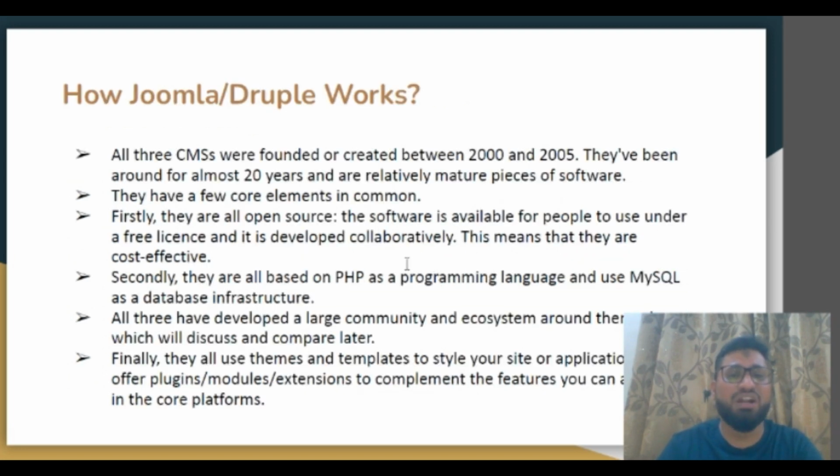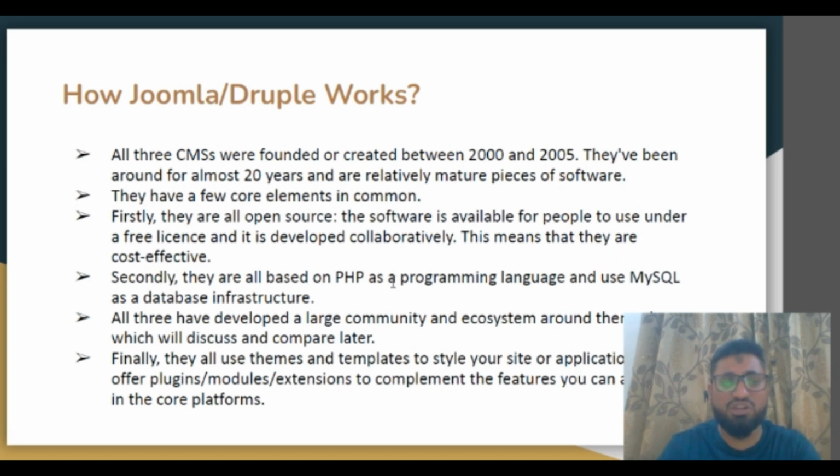Now, how does Joomla work? All three CMS were founded or created between 2000 and 2005. They have been around for almost 20 years and are relatively mature pieces of software. They have a few core elements in common. Firstly, they are all open source. The software is available for users to use under a free license, and it is developed collaboratively. This means that they are cost effective.